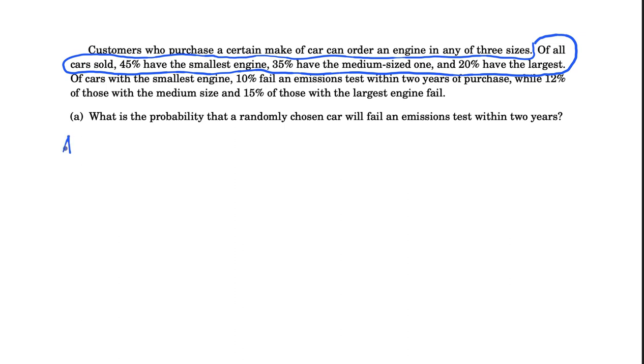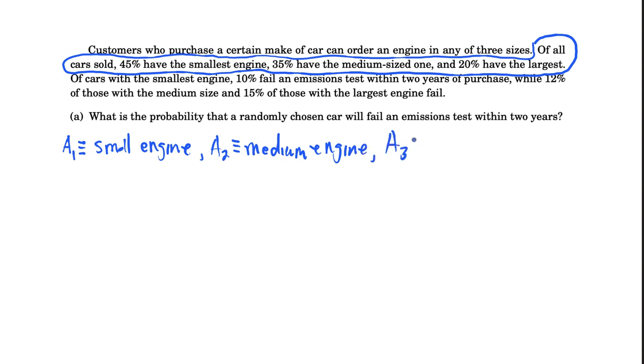So I'm going to say let A sub 1 represent those cars with the small engine, and then A sub 2 will represent those cars with the medium engine, and then A sub 3 will represent those cars with the large engine.